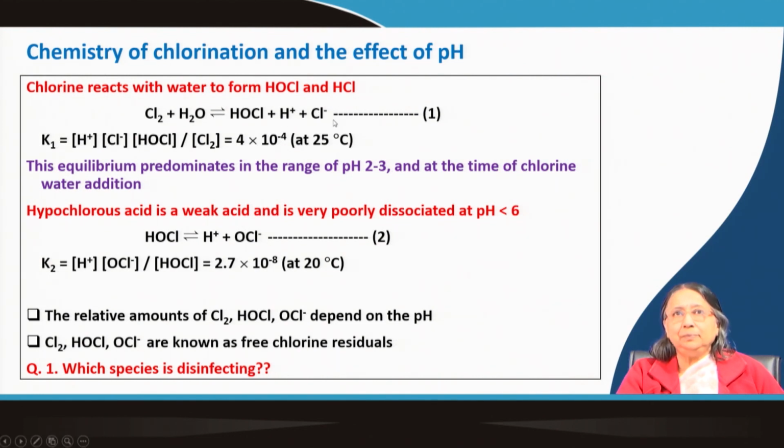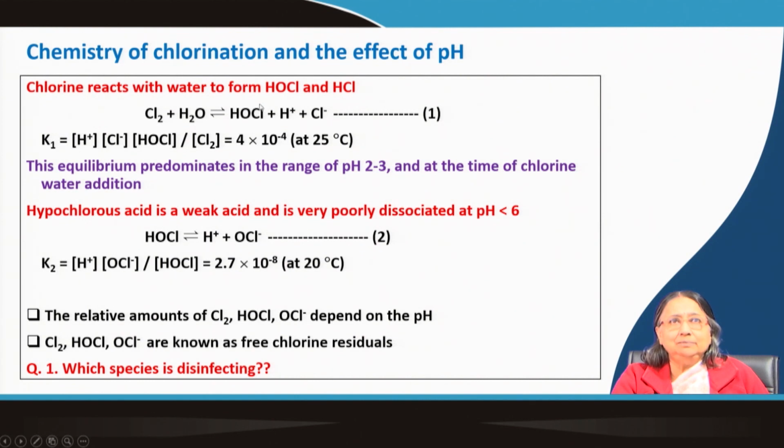So, if you increase the pH, more and more HOCl will be formed, and chlorine concentration will reduce. Now, if you increase more, then another reaction will start. What is that? So, that is why it is told that in lower pH this is more predominating.